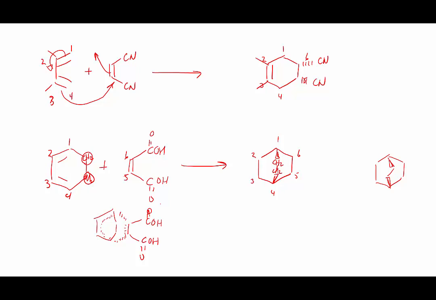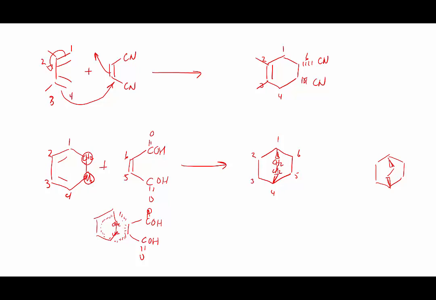So you just put in the groups that are attached to the original 2 molecules, and that's going to be the transition state. And those lines indicate the bridge that's going to be formed. Yep. They just dash it, they're not solid.